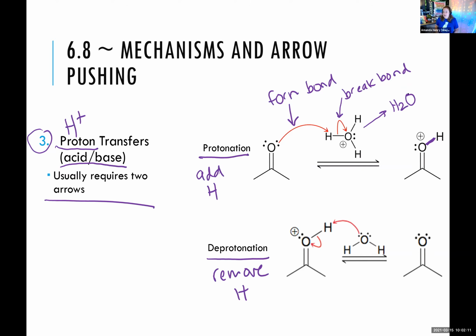Here's one of the things that you might hate in the start. We don't always draw in all the products. So I know you spend a chunk of time in general chemistry balancing equations. We don't even show all of our products in organic chemistry. We care about carbon, so we show what's happening to the carbon. Yeah, there's still water in there, but it was a reactant. It was part of what was aiding the reaction to happen.